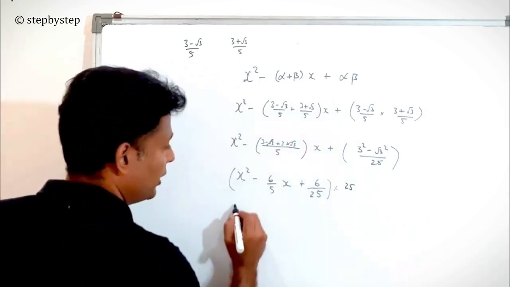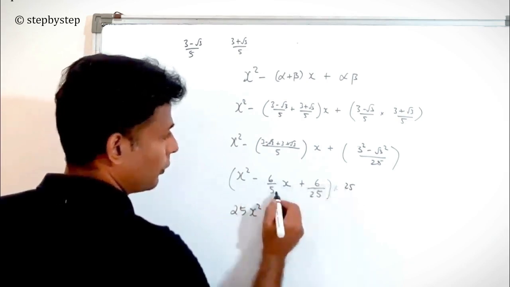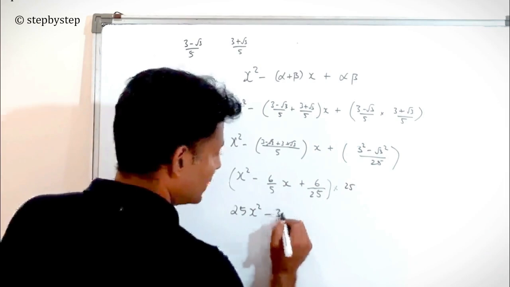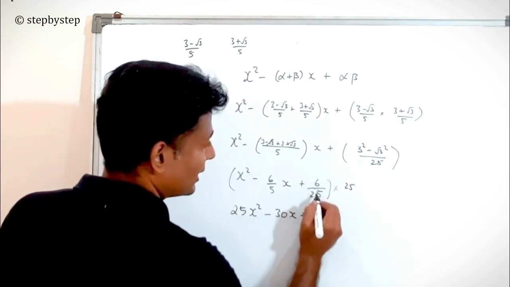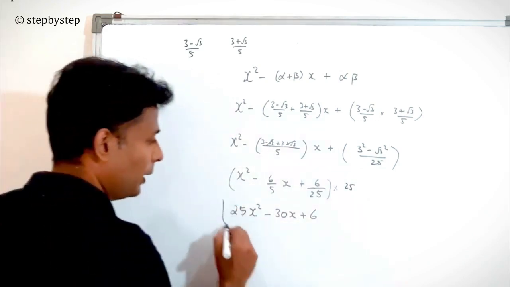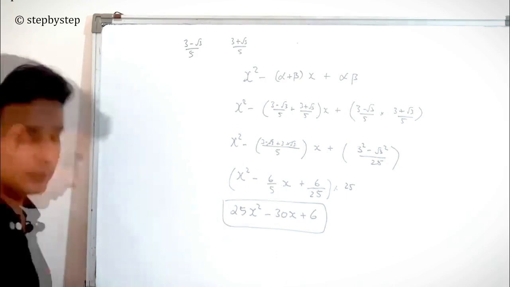So what happens? 25 into x square, 25x square minus 6 by 5 into 25, 5 fives are 25, so I get 5 into 6, minus 30x plus 6 by 25 into 25, 25 cancels, and you get the equation to be 25x square minus 30x plus 6.